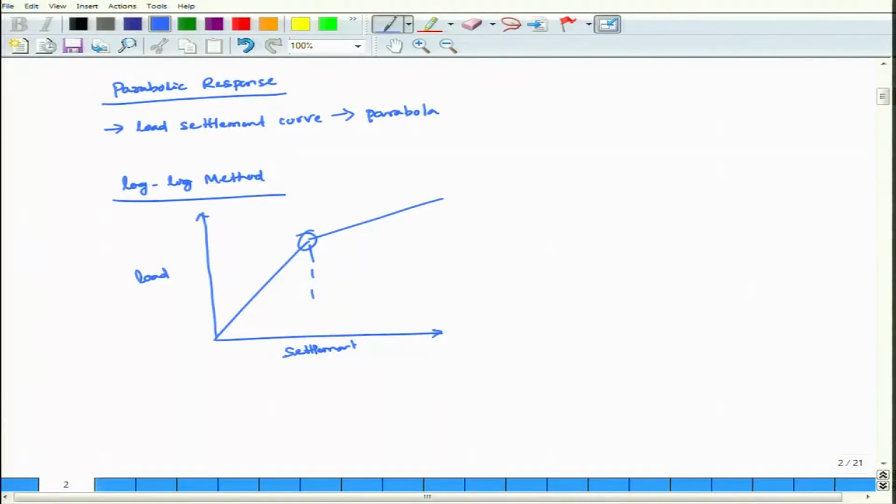So, you plot log load versus log settlement and you will get a clear intersection. This is my failure settlement and this is my failure load.